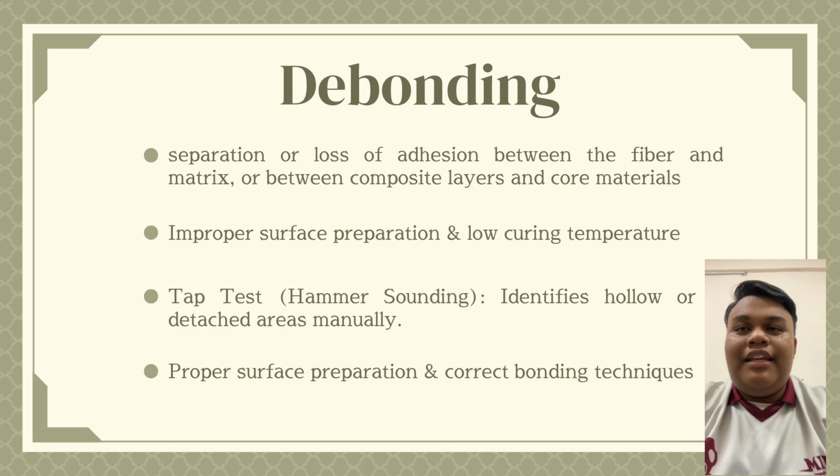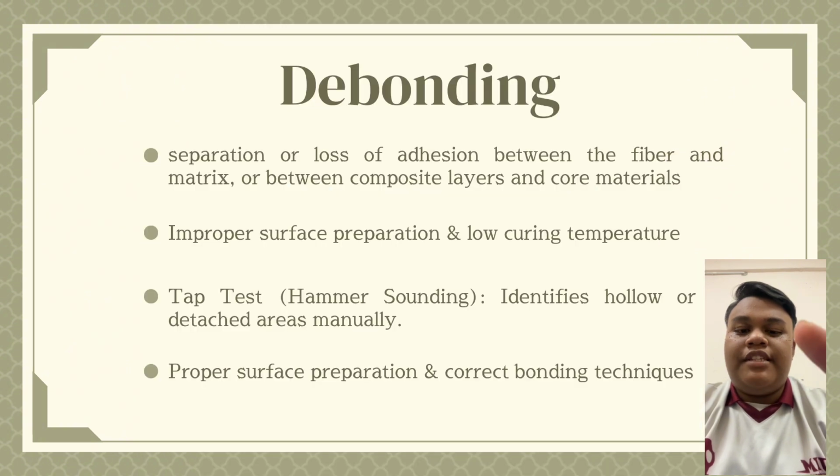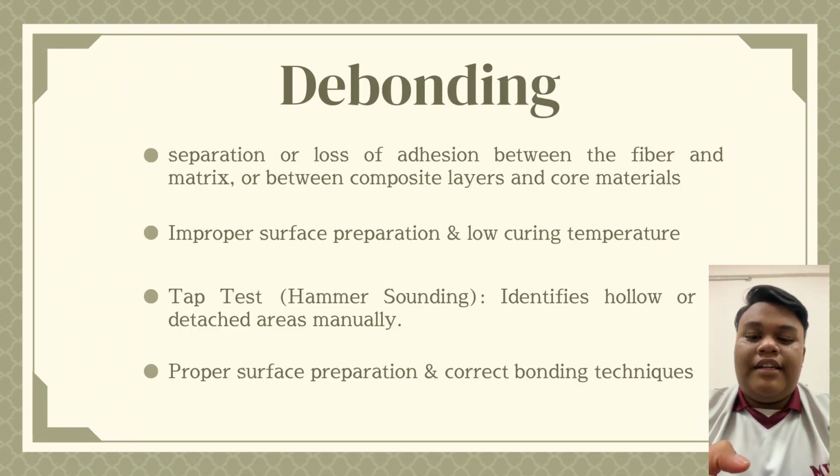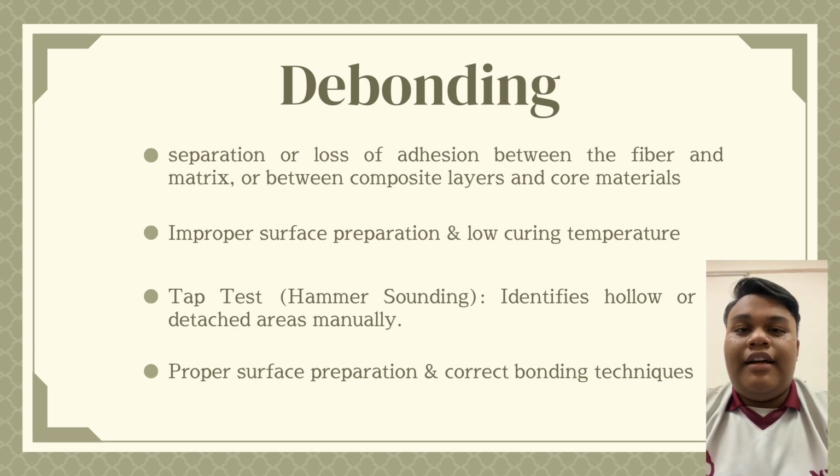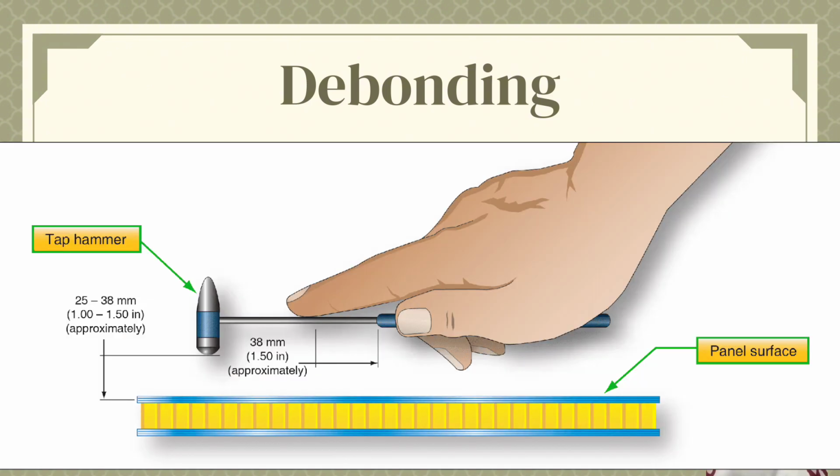Debonding is a separation or loss of adhesion between the fiber and matrix, or between the composite layer and core material. This defect occurs with improper surface preparation and low curing temperature. To identify debonding, we can do a tap test.